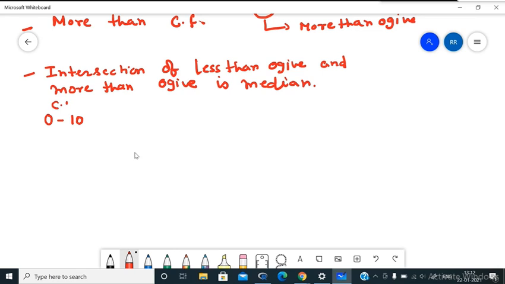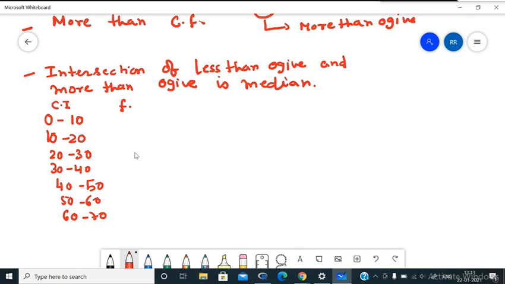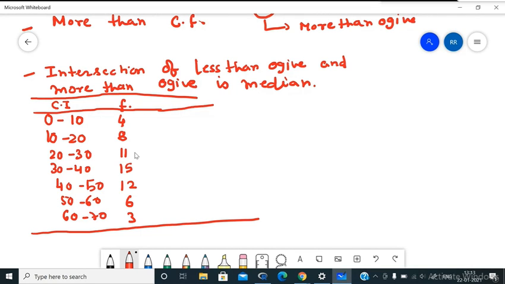This is the class interval and this is the frequency, and you have to calculate more than CF and less than CF, and then plot the less than ogive and more than ogive.